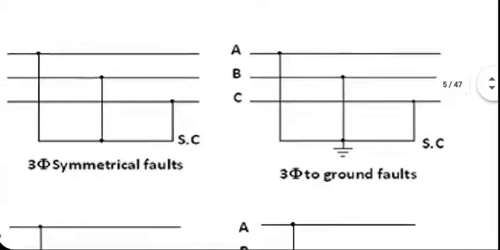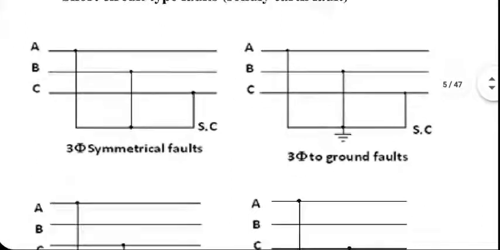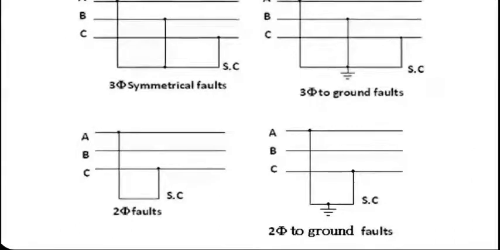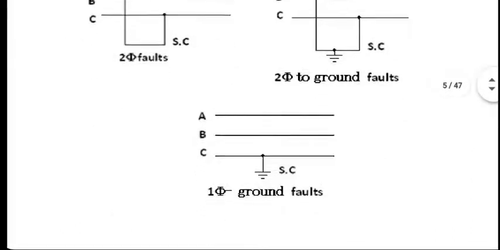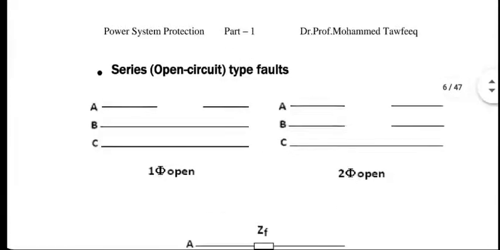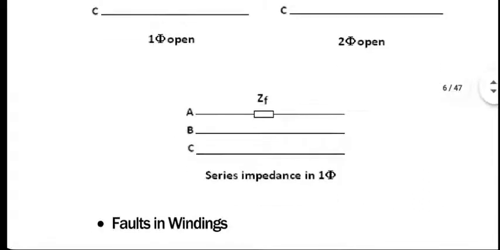Three-phase to ground, three-phase symmetrical fault, two-phase fault, two-phase to ground, single phase to ground fault, etc. Series or open faults, shunt or closed faults, or shunt or short circuit faults rather.